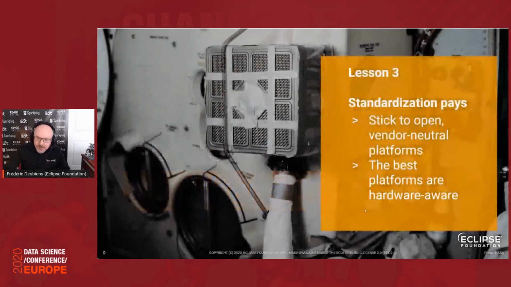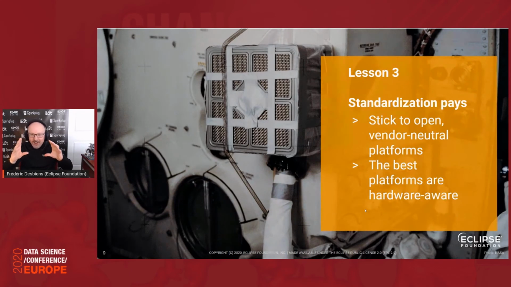So you see this square command module filter that somehow they had to devise a solution to use on the round openings that they had in the lunar module. And what they did is that they had to devise on the ground very quickly in Houston a solution to make those square modules literally fit the round opening somehow.